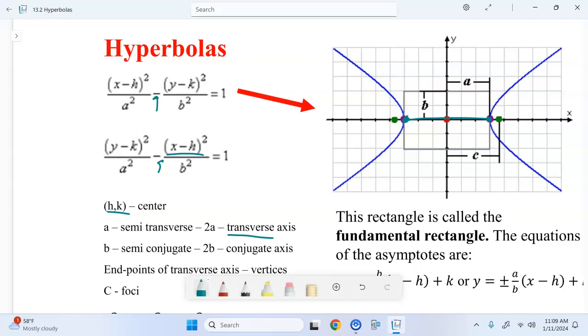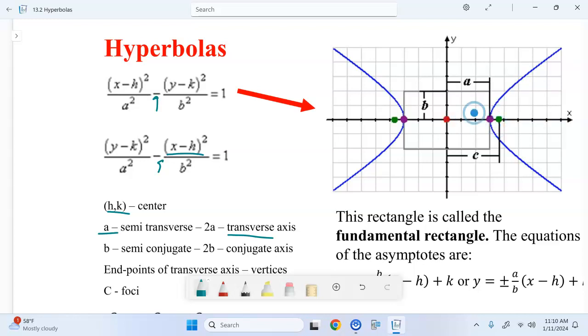Okay, it still goes from vertex to vertex. So the major axis and the transverse axis play essentially the same role. They go from vertex to vertex, and half of that is our A value. So from center to vertex is our A value. Okay, just like with our ellipses.